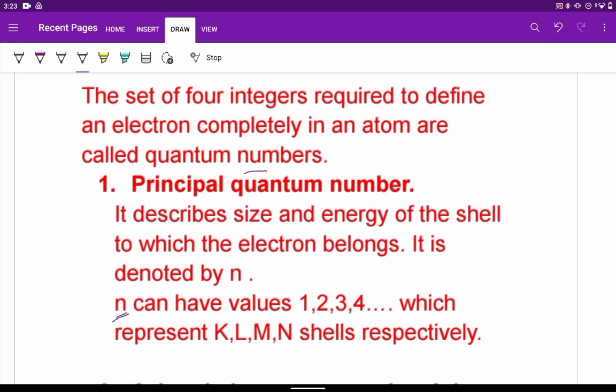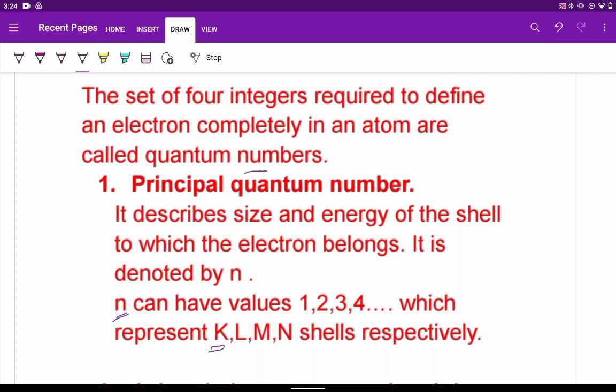Now this n can have many values starting from 1. If we give them values, we have to start from 1. n can be 1, 2, 3, 4 up to infinity. At the same time, we can have some designation of the shells.